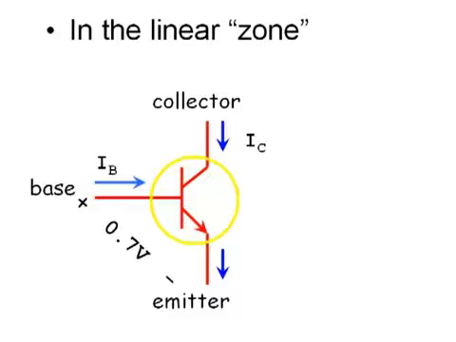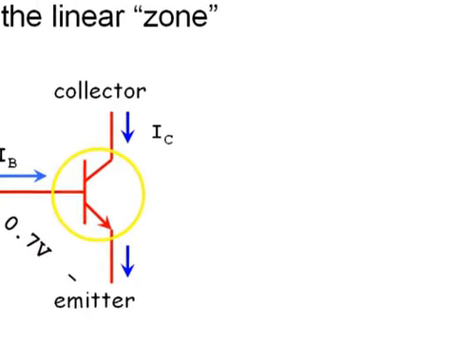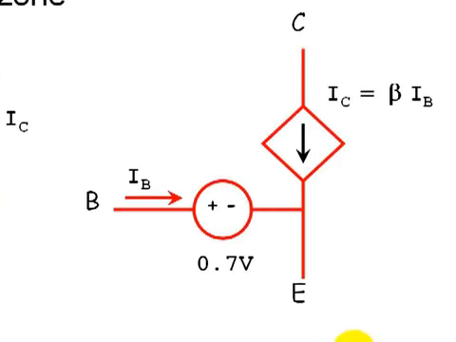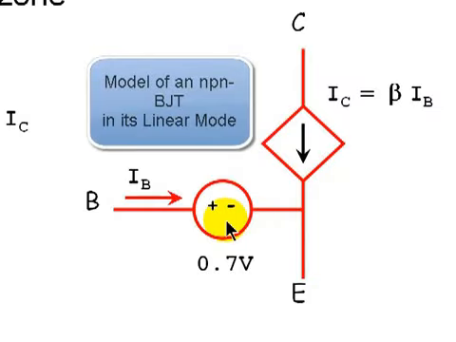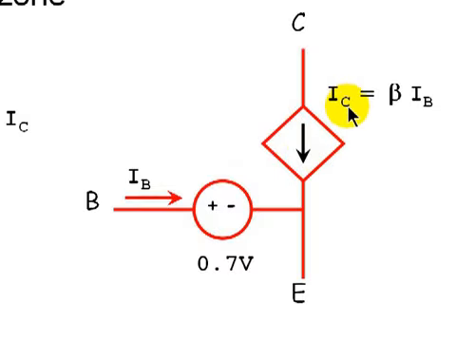In linear mode and DC, the NPN transistor is represented by a very simple circuit: one voltage source that ensures that the base is higher than the emitter by 0.7 volts, and a control current source that represents the current gain characteristic of the transistor.